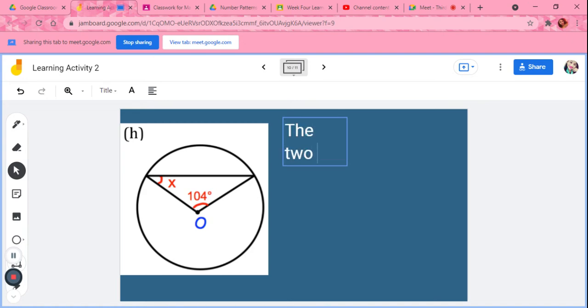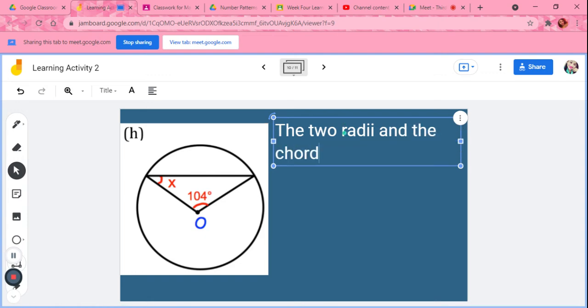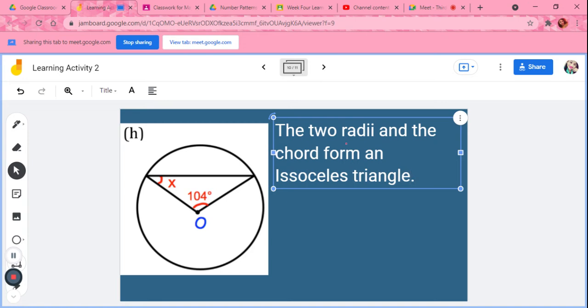The two radii, and radii is plural for radius. If you were wondering why I was saying radii and you didn't know, the two radii and the chord form an isosceles triangle. That is one.